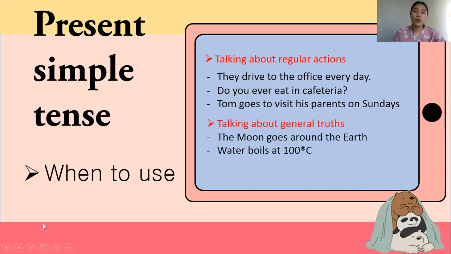And then we use present simple to talk about general truths. Remember that. For example, the sun goes around the earth, or the water boils at 100 degrees. Really general things.